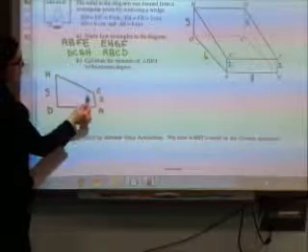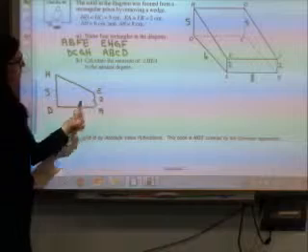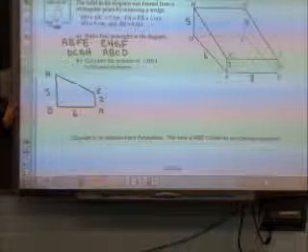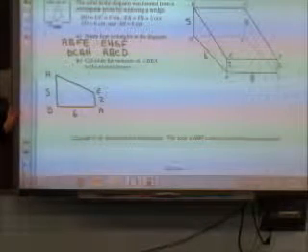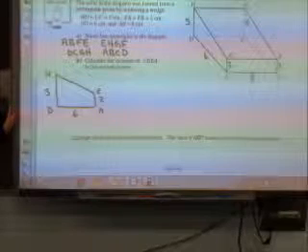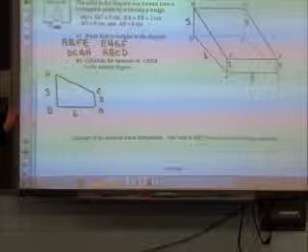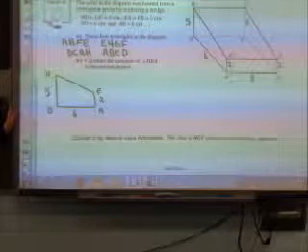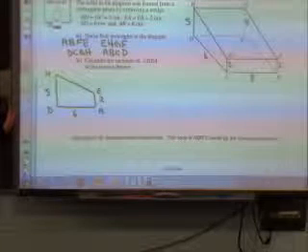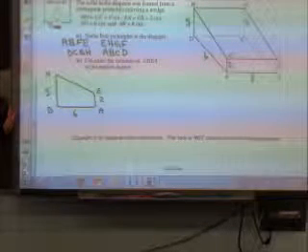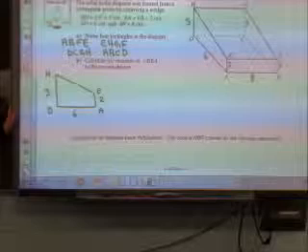So how could I figure out what this angle here is? What could I do? Well, right now, to find angles, what shape do I need? What kind of triangle? The right triangle. So how can I make a right triangle in this shape?